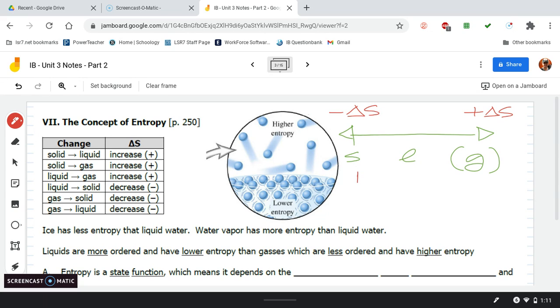So think of a positive delta S as more randomness or more disorder.